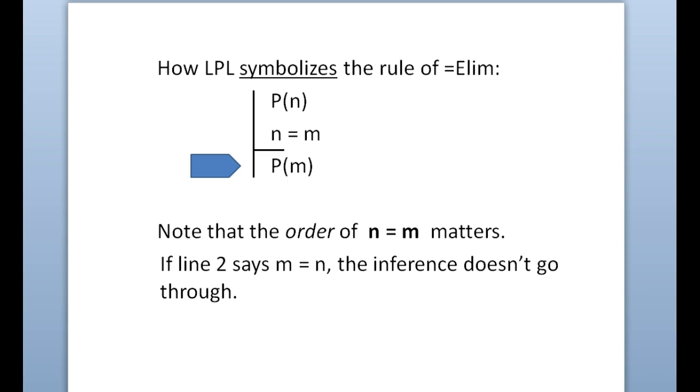Now, notice one other thing. The order of n equals m actually matters. So this says you can replace as many occurrences of the name n in the first sentence with m as you want, but it doesn't say you can replace m with n. So it goes kind of in that order.